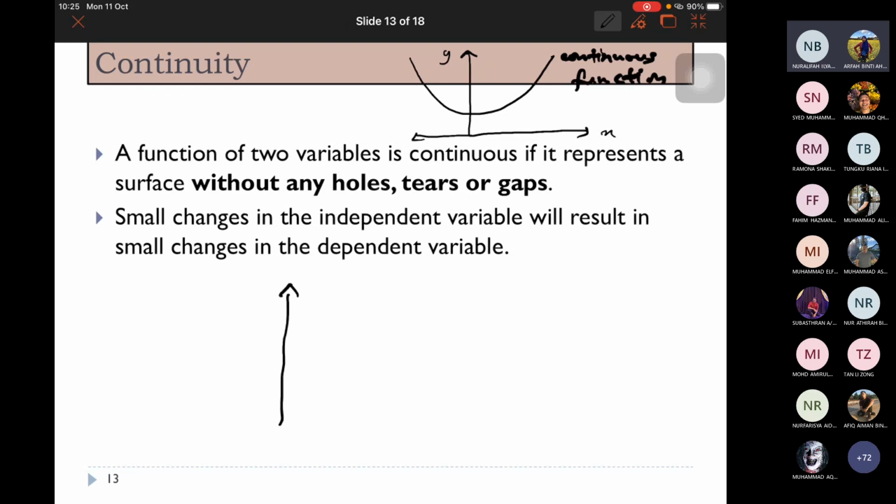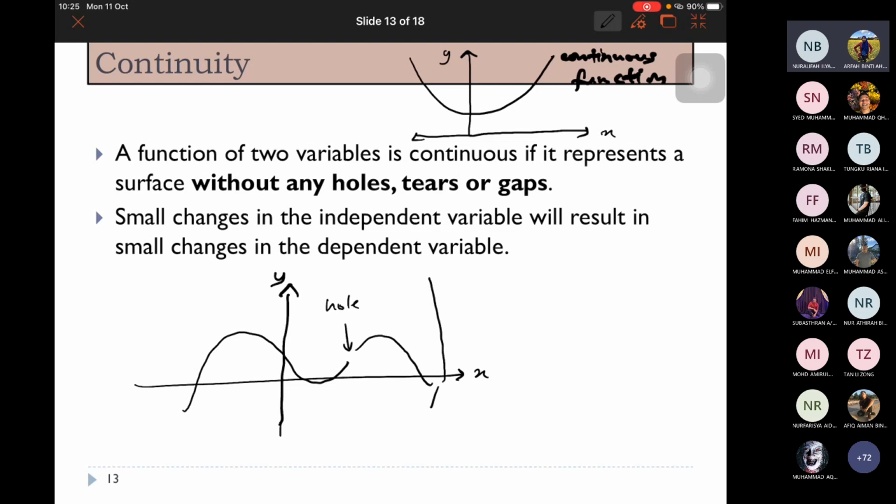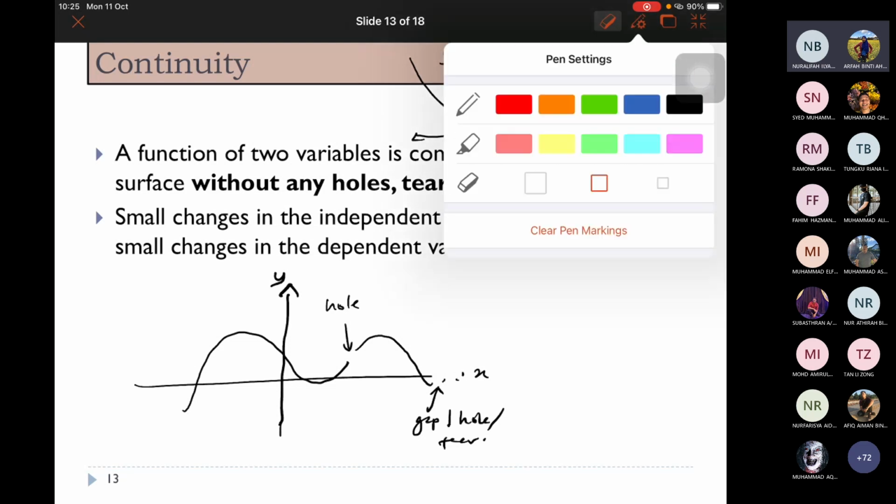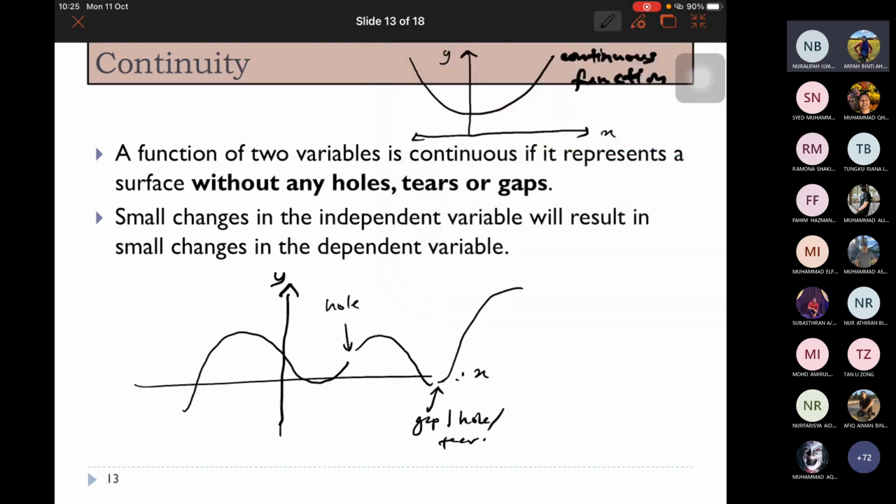Tapi let's say kalau awak ada satu graph x dan y here, tapi tiba-tiba dia ada hole. Okay. Ada hole in here. So there is a hole here. Ada gap atau hole, atau tear over here. So this one baru dikatakan tidak continuous.